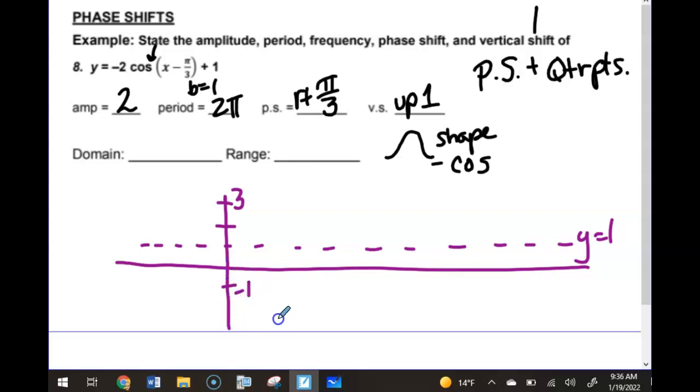If I shift it to the right pi over 3, since there is no graph paper, we could just draw the shape if we want. It starts at the minimum, goes here, maximum, and back down, okay?